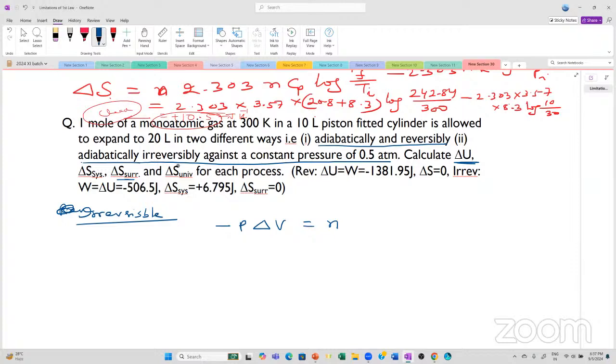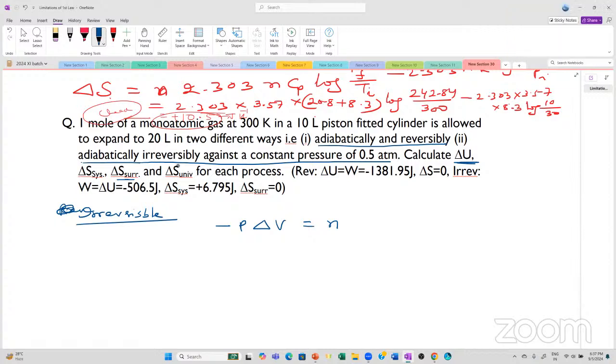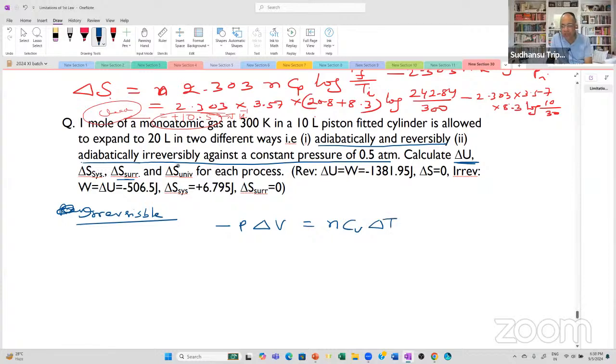Sir, n Cv delta T. That is internal energy. Yes, because del U is never related to Cp. Del H is related to Cp. Del U is related to Cv, since dQ_V by dT is equal to Cv.